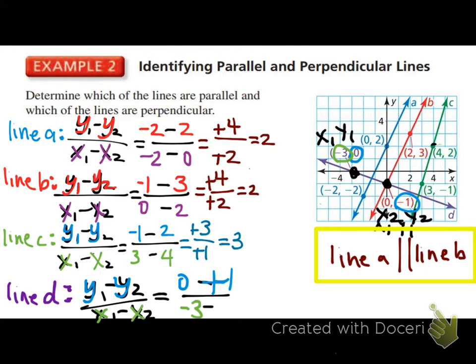And then my second x, 0. I know they're really close together. Maybe if you had highlighters, you could highlight them to be colored like mine. That would be possibly helpful to you. Or just focus. 0 plus 1 is 1, and then -3 minus 0 is -3. So line C, how do I say is perpendicular? Upside down T. Line C is perpendicular to line D.